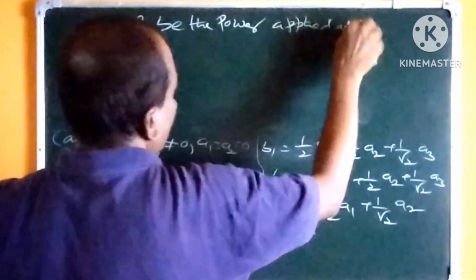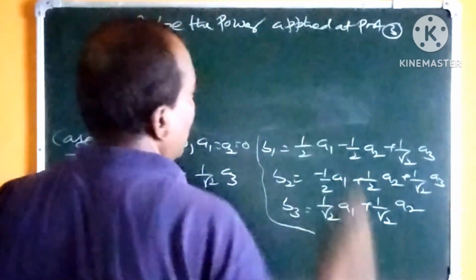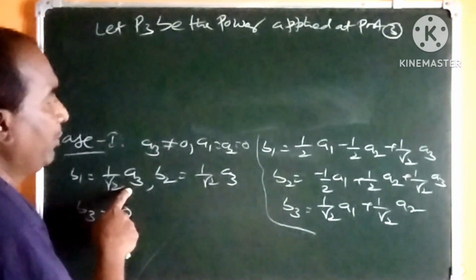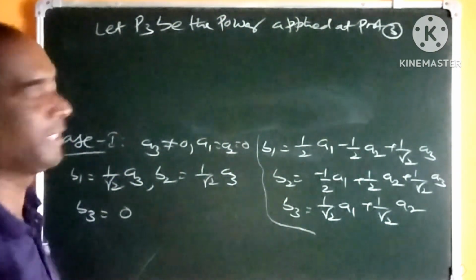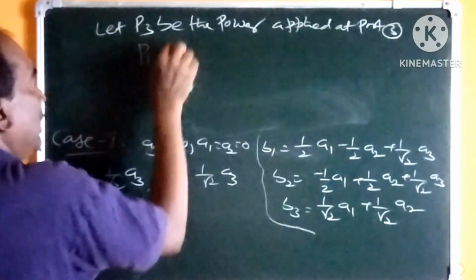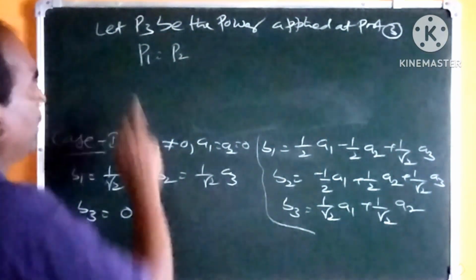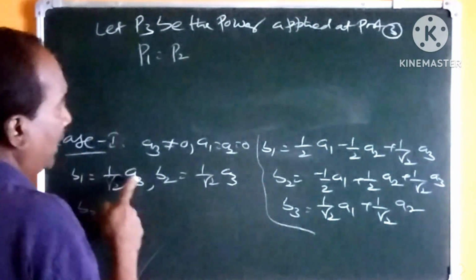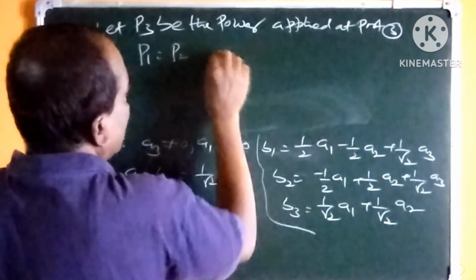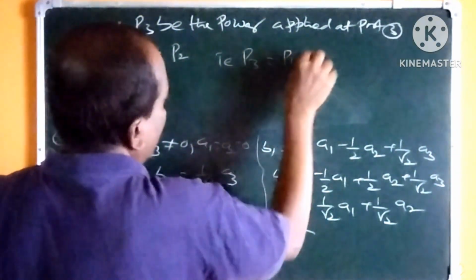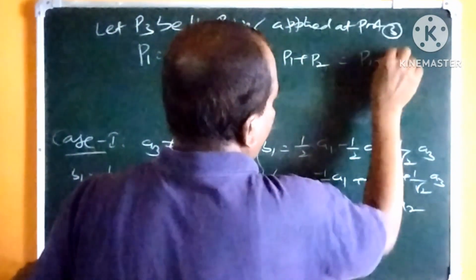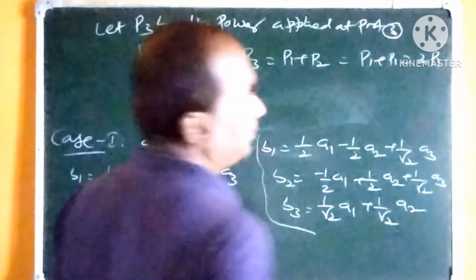From this we can observe that it splits between 1 and 2 with equal magnitude and in phase. They are P1 and P2. P1 and P2 are equal, and the given input will be splitting, that is the additive property. That is P3 equals P1 plus P2. Suppose P2 is also P1, then it is P1 plus P1, which equals 2P1.